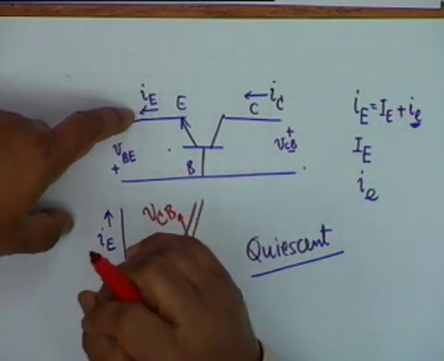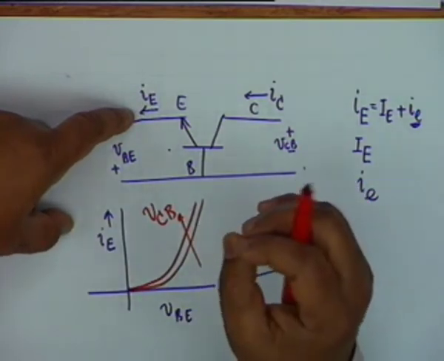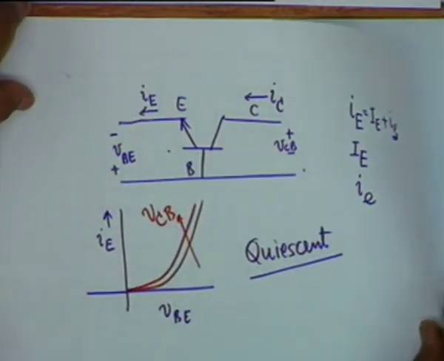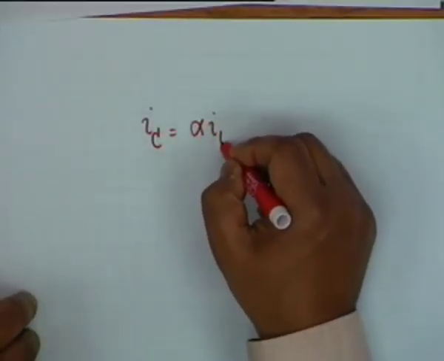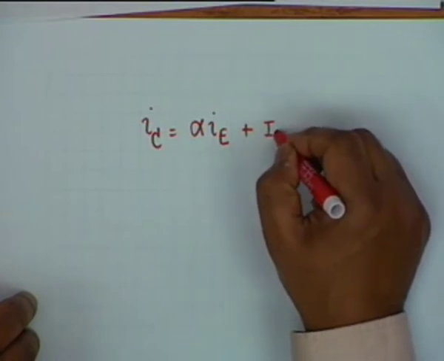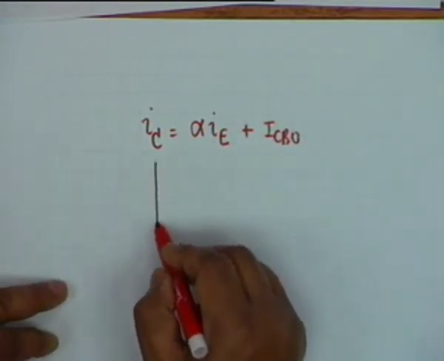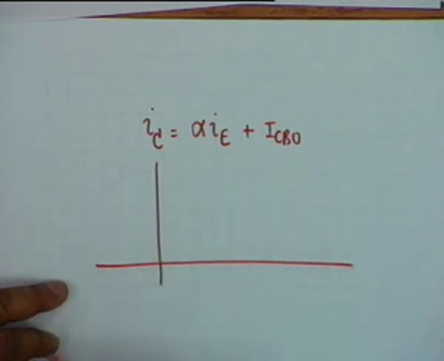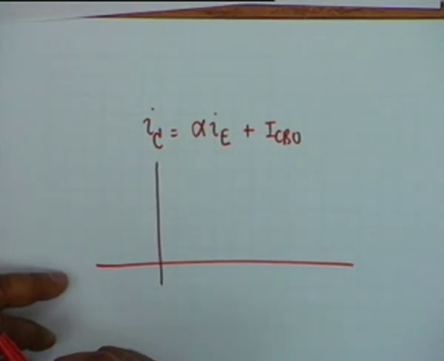It is alpha times I_E. There is a small contribution due to the reverse saturation current. You know that I_C is equal to alpha times I_E plus I_CBO.